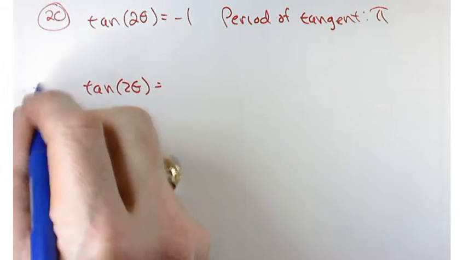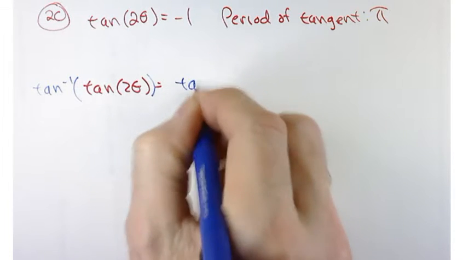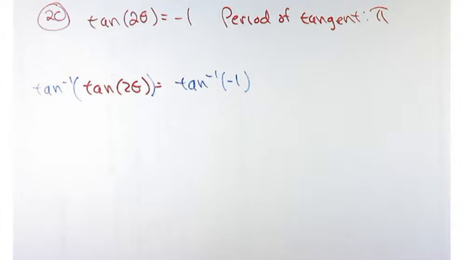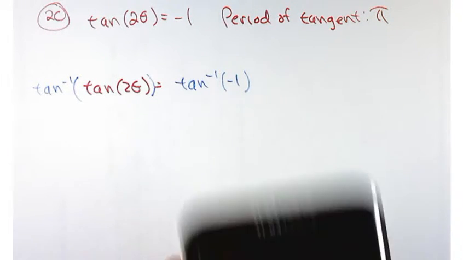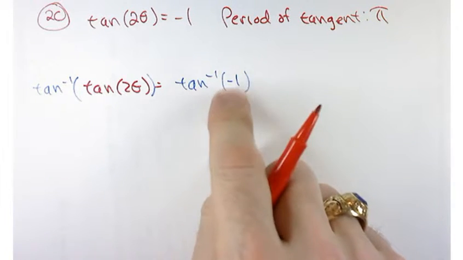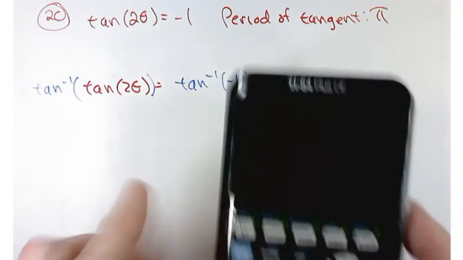So that'd be tangent inverse of -1. Now, I don't expect you to have all these angles memorized. And if you don't, that's fine. Nothing wrong with that. What I would suggest is that you use your calculator in degree mode to figure out some of these things.